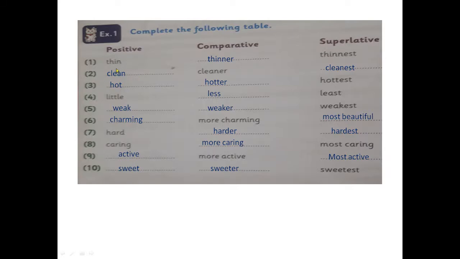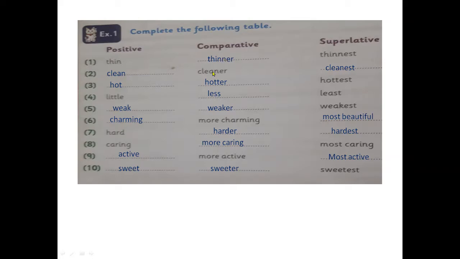You have to hear carefully, students. What is the exercise? Complete the following table. Here the table is given: positive, comparative and superlative. Two words are given and we have to complete the remaining forms of the adjective. Thin and thinnest. So the comparative form is thinner.